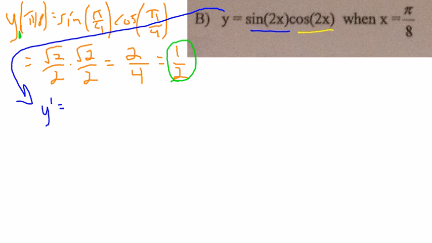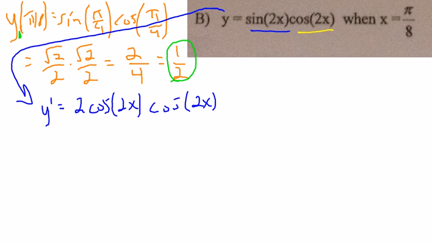The derivative of the first is 2 cosine of 2x. The chain rule gives me the 2 out front, the 2x stays on the inside, and then I take the derivative of the sine. That gets multiplied by the second function, so this is derivative of the first times the second, so times cosine of 2x.